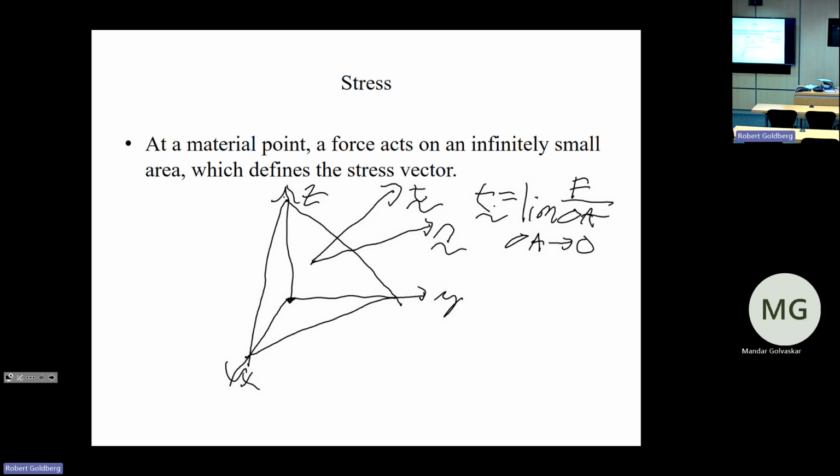So that's our basic definition of a stress vector. As we go along, we'll talk about how we get from the stress vector to the classic definition of stress that you're used to. This area is defined as an arbitrarily oriented plane with a unit vector n.